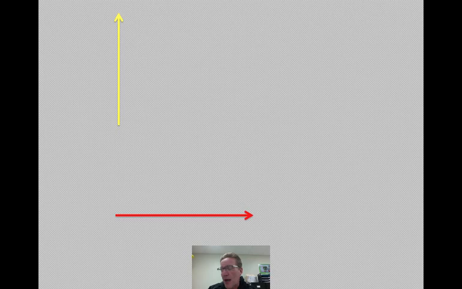Now, one thing before I end today, I wanted to talk about what if we have vectors that are parallel with our main axis. So like the yellow line here is parallel with the y-axis. And so you might think, well, it doesn't have two components, and that is true.